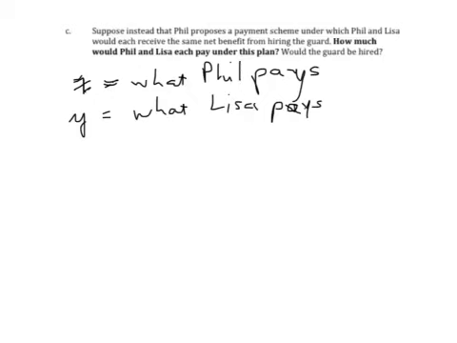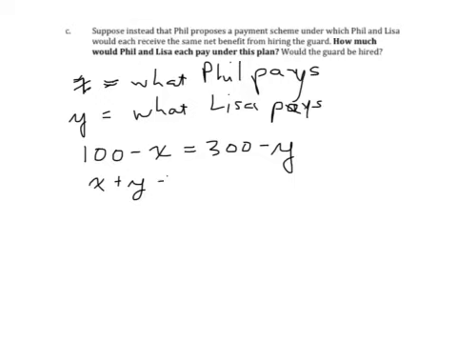Then the condition that the net benefit be the same is as follows: 100 minus X has to equal 300 minus Y. And we also know, just by the givens, that X plus Y has to be enough, and exactly enough, to pay the guard. So we know the sum has got to be 220.